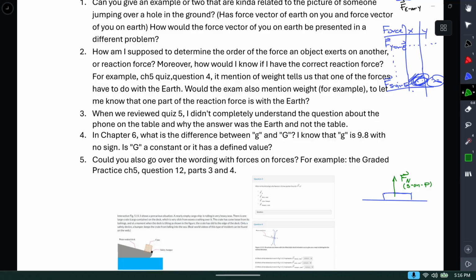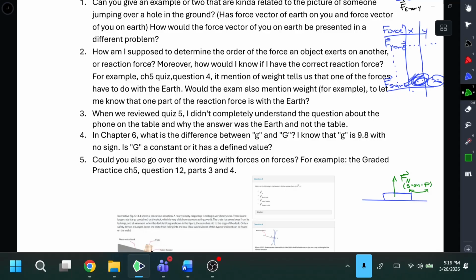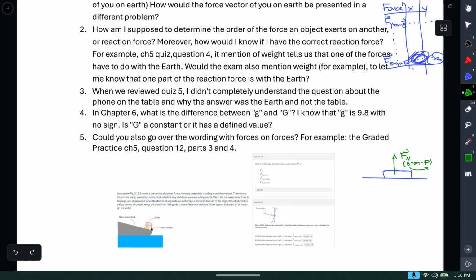The third law says there is another force. And all I do to figure out what it is is reverse these: B on A instead of A on B. So there is a force that the phone exerts on the surface. And the third law even tells me which way it points, in the opposite direction, and of equal size. So there is the force the phone exerts on the surface.